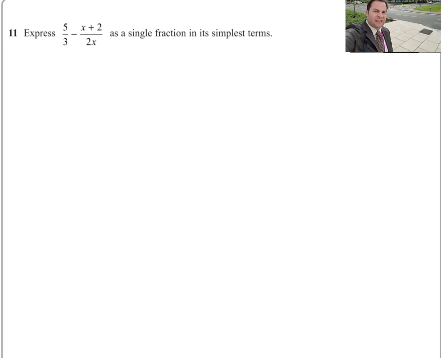Question number 11. Express 5 over 3 minus x plus 2 over 2x as a single fraction in its simplest form. Find the common denominator first. 3 multiplied by 2x.